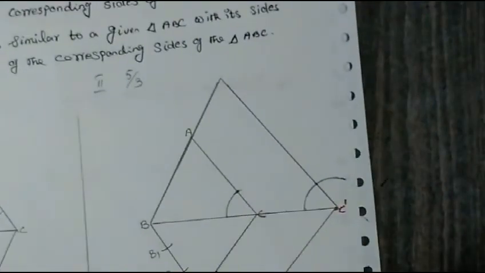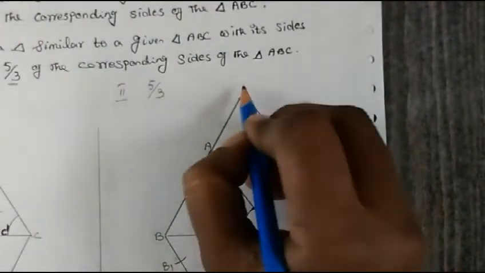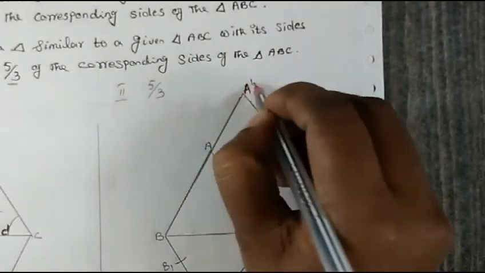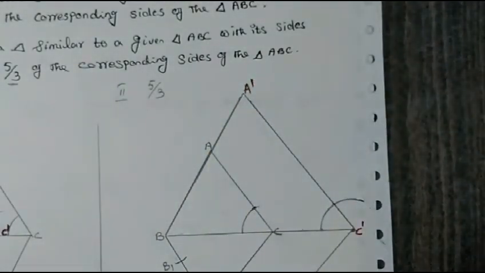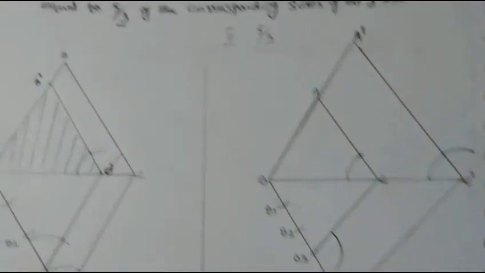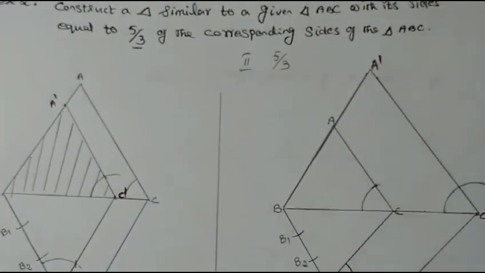Okay, so this is A, means this becomes A dash. See, now the triangle that we have constructed is the bigger one here, this is the smaller one. Let me highlight it.